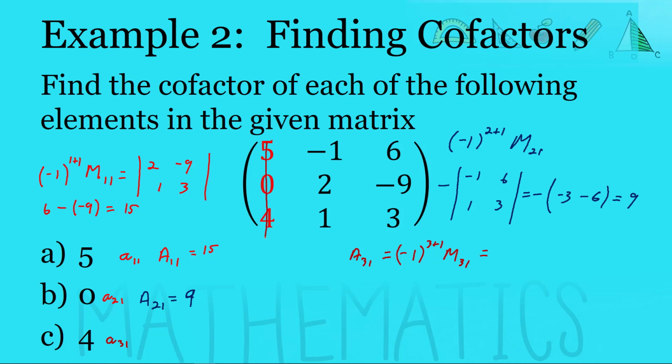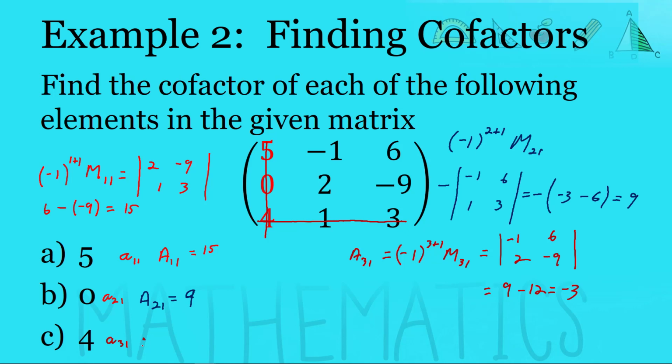And then the minor is going to be the determinant of these 4 elements here. So we're going to have +1 times the determinant of -1, 6, 2, -9. Okay? -1 times -9 is 9, minus 2 times 6, which is 12, and that is going to give us -3.